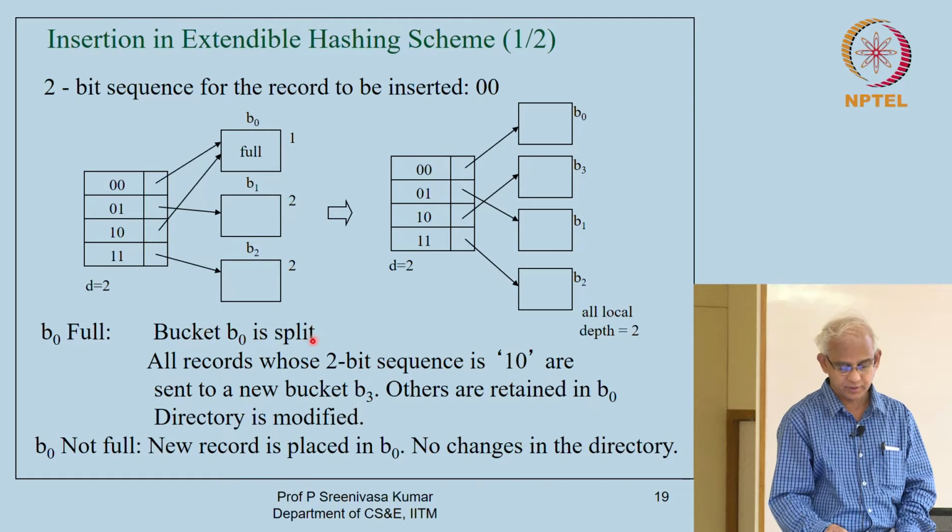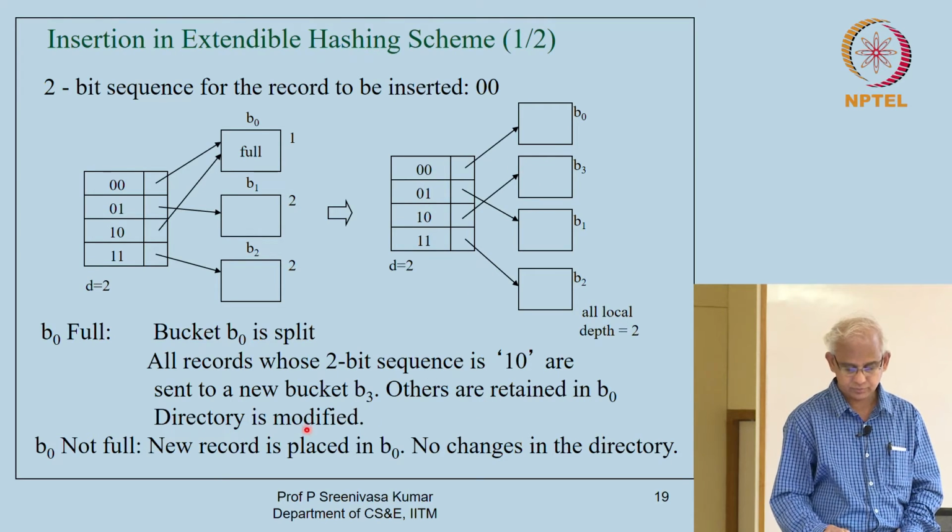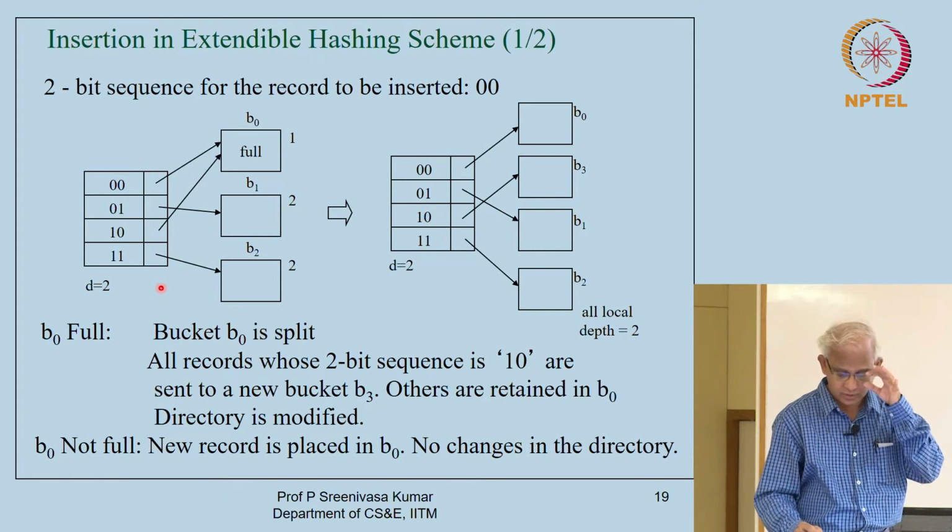All the records whose 2-bit sequence is 1 0 are sent to a new bucket B3, which we will create, and others are retained in B0, and the directory is appropriately modified. So that is how it will work.